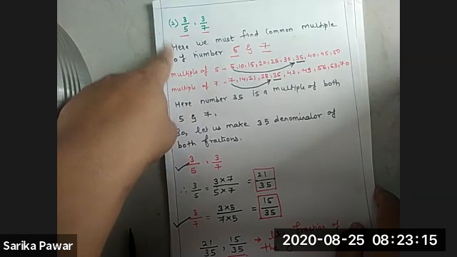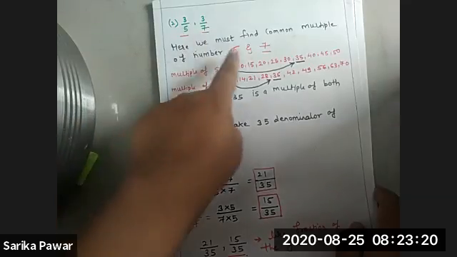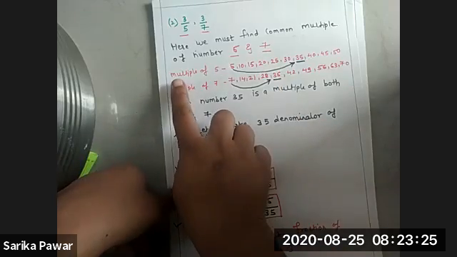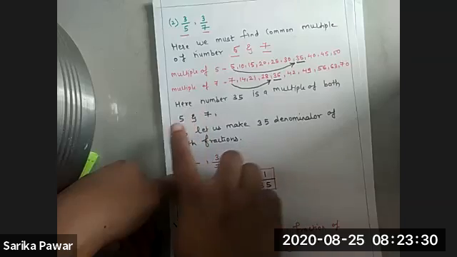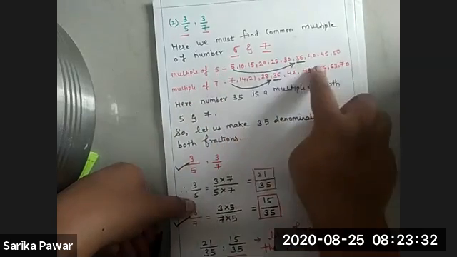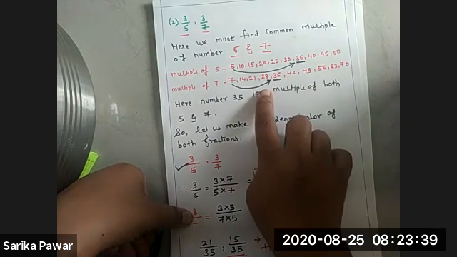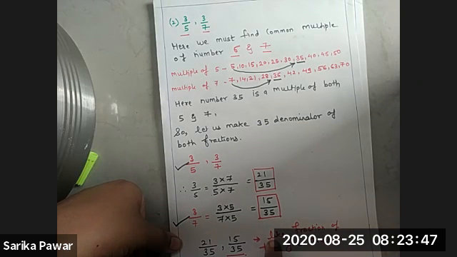So here is problem number 2 from your problem set number 18. Here we must find the common multiple of 5 and 7. So what I did here, I wrote the table of 5, then the table of 7, and that way I found the lowest common multiple. You can take any common multiple, but I took the lowest common multiple for the same denominator. We want equal denominators because we have to convert them into like fractions.